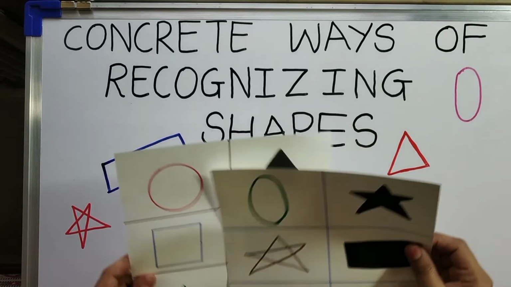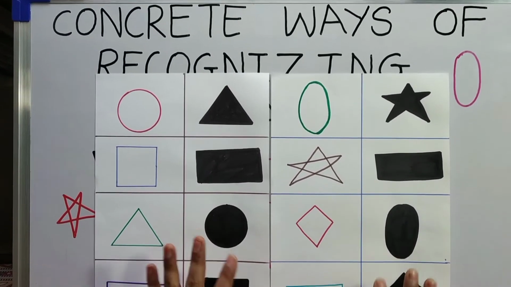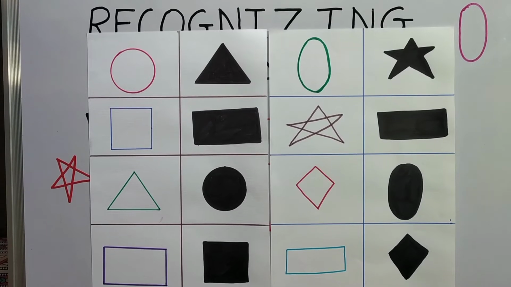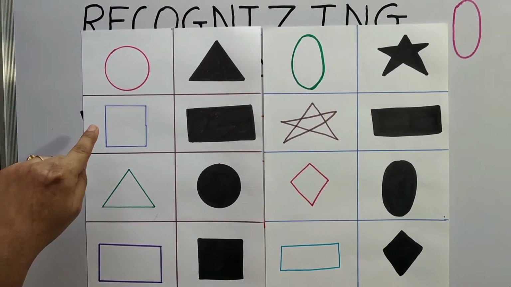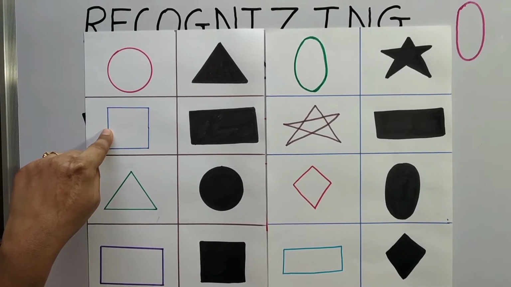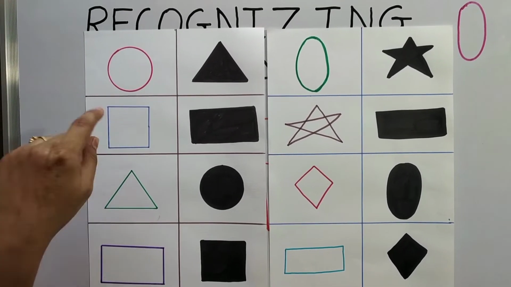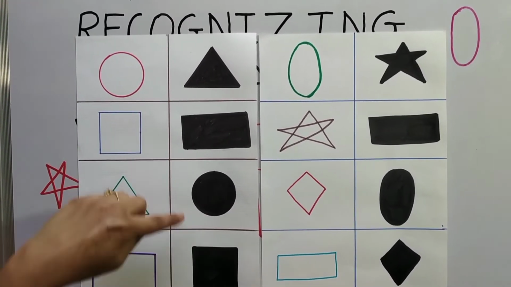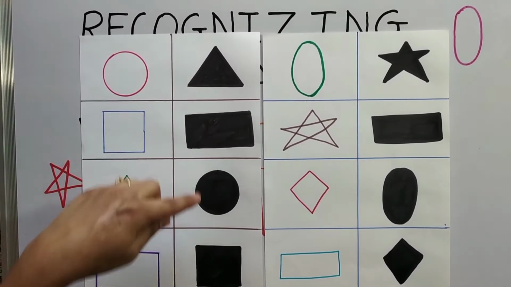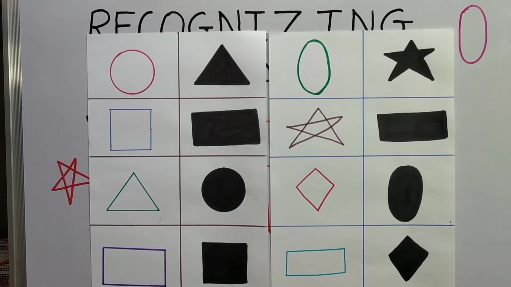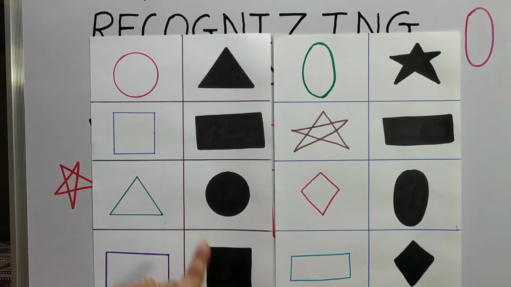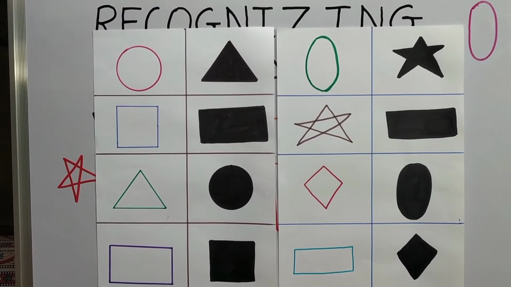Here you can make this type of worksheets at home and ask children to identify a particular shape, and once they identify a shape, ask them to find the shadow of that particular shape on the other side. When they find it, ask them to match the shape with the shadow with a crayon.